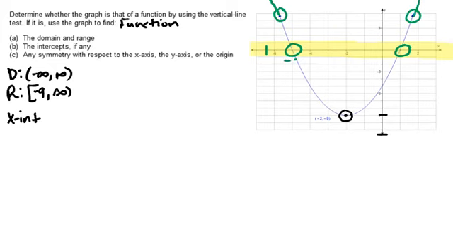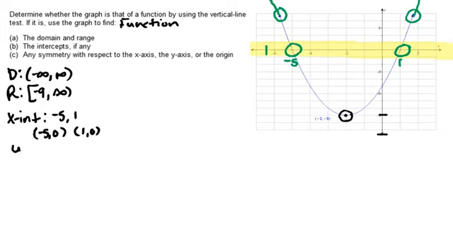So this one looks like it's -5, and this one looks like it's +1. So we have x-intercepts at -5 and +1. If you need to write those as an ordered pair, you would write the ordered pair -5, 0 and the ordered pair 1, 0.